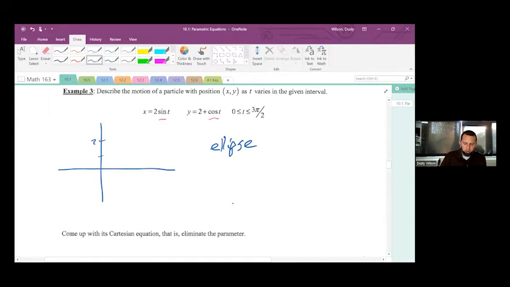It's going to be 2 tall or 2 wide and 1 tall. And we want to start at the top and work our way 3/4 of the way around the ellipse.